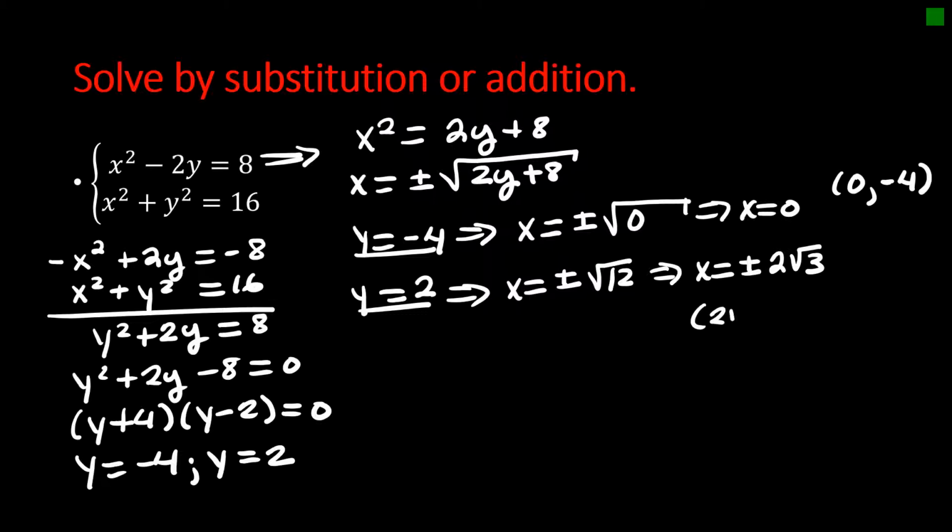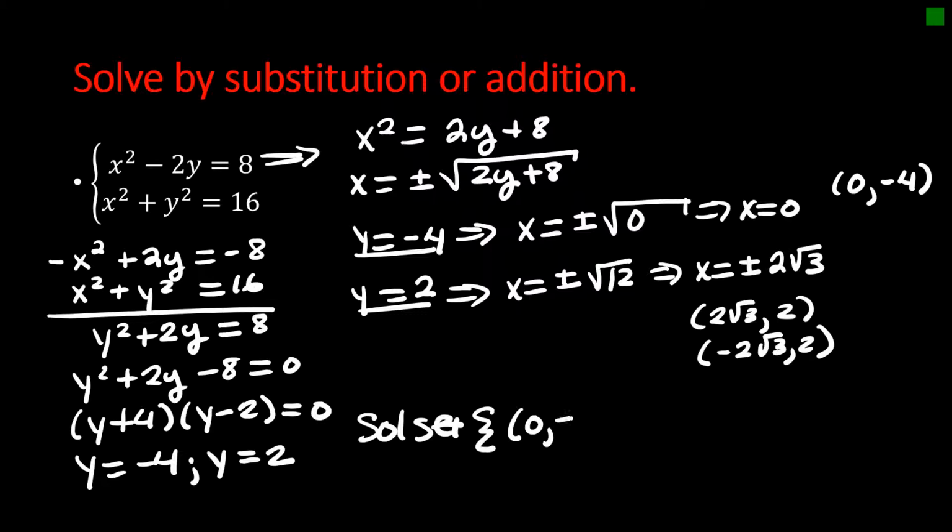So you're going to have 2 square root of 3, 2. And you're going to have negative 2 square root of 3, comma 2. So our solution set contains points 0, negative 4, 2 square root of 3, comma 2, and negative 2 square root of 3, comma 2.